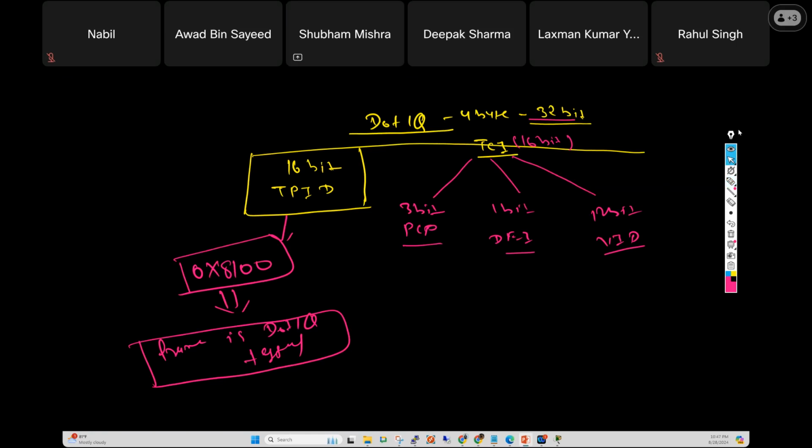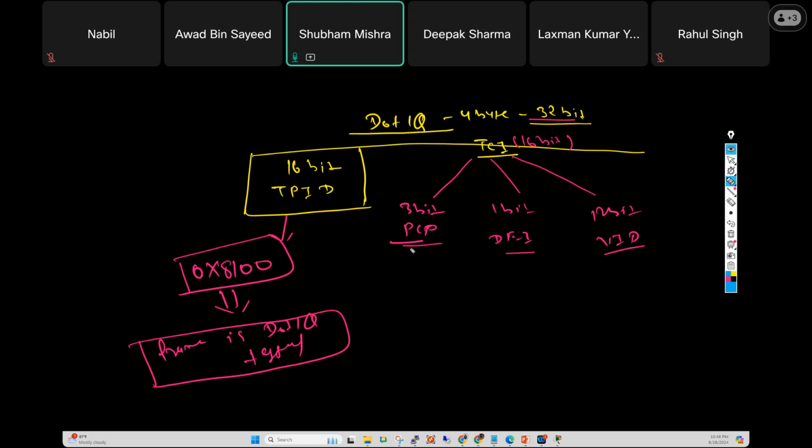Now, next one is tag control information, TCI. The first 3 bits are called PCP. PCP means, you can check on Google. Actually, I don't know the exact full form, but I think priority code point. You can check the exact one.